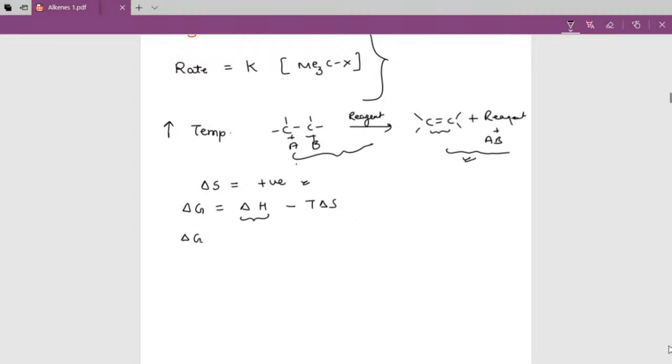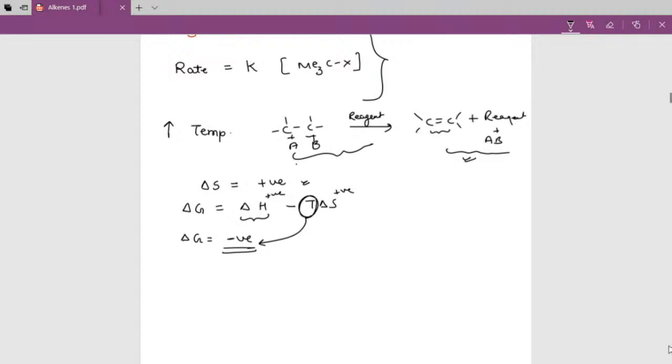Now to make this delta G negative, with delta H being positive, with delta S being positive, I have only one thing in my hand, that is temperature. If I want the elimination to be spontaneous or to increase its yield and feasibility, I am left only with this temperature. Okay, the only key I have to unlock the elimination lock is temperature.